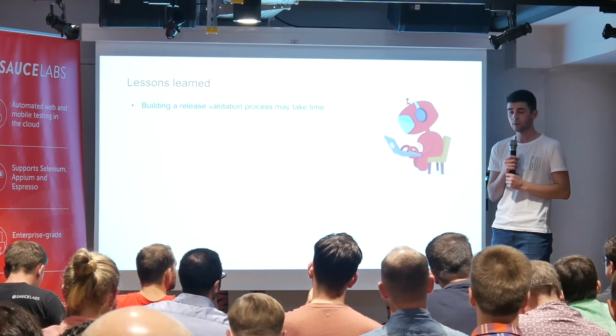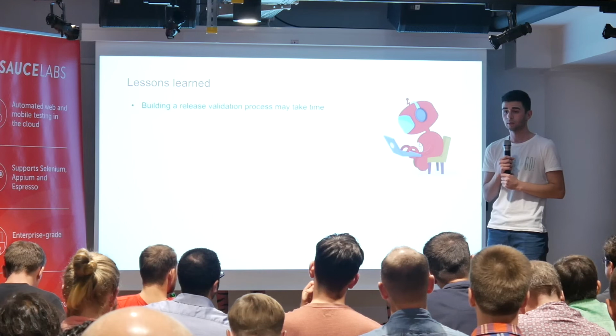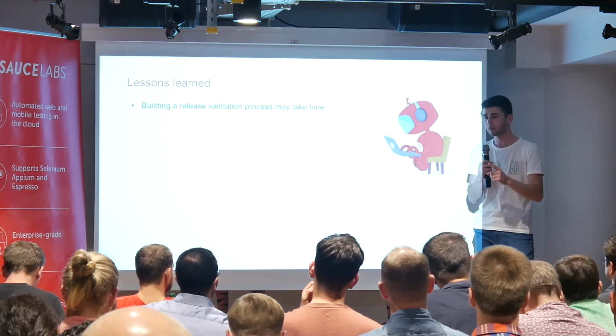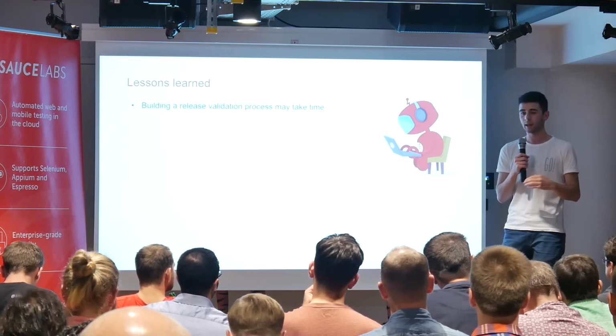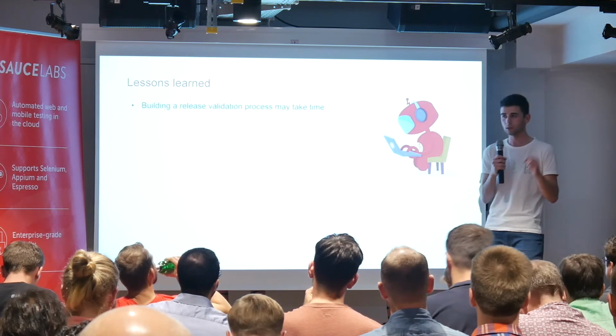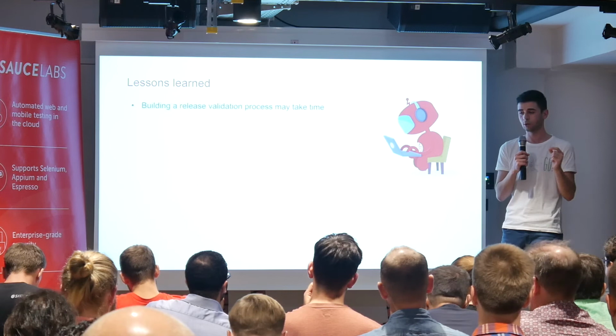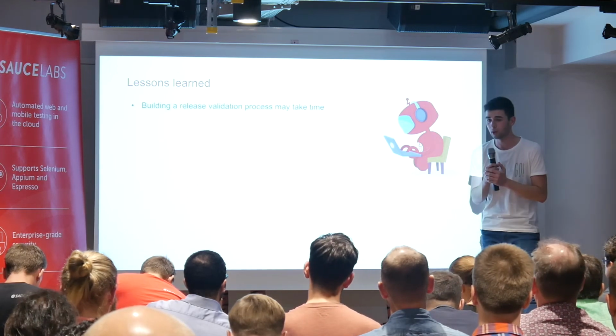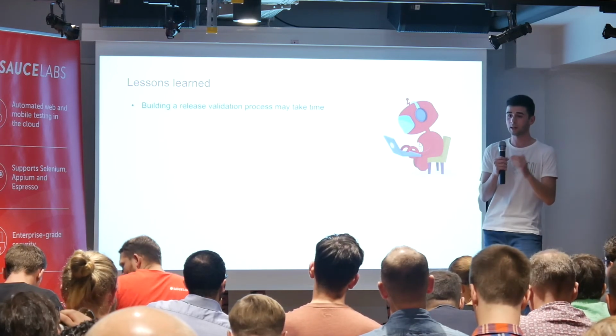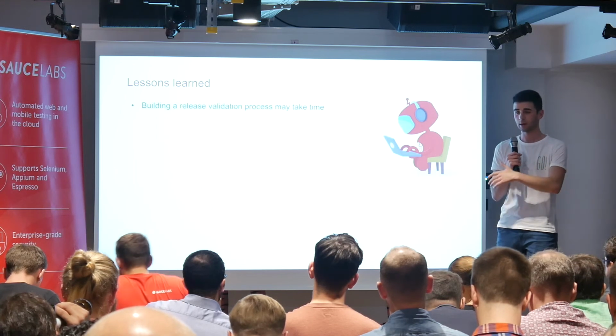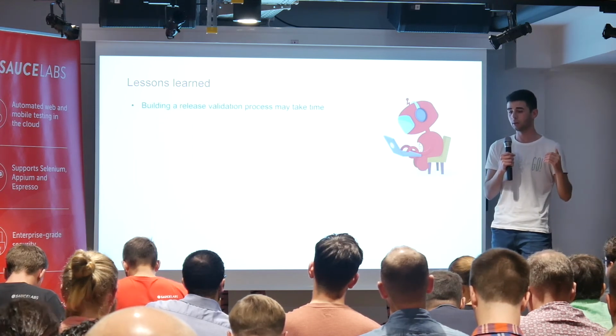Then we know that we need to roll back. Sometimes, when we know it's just a small thing, we immediately deploy a hotfix. But in most cases, we just roll back and deploy the one before.